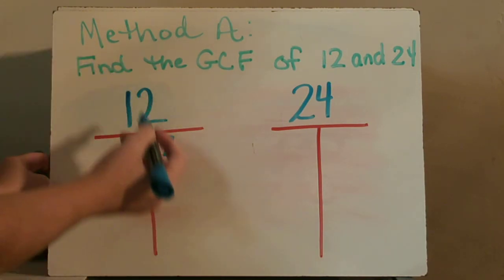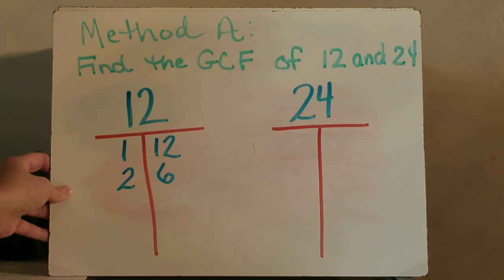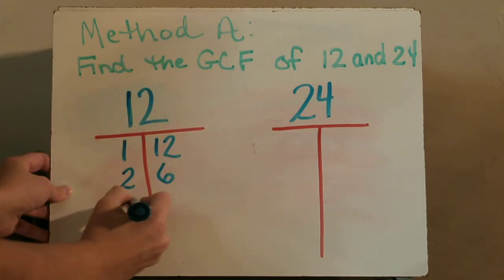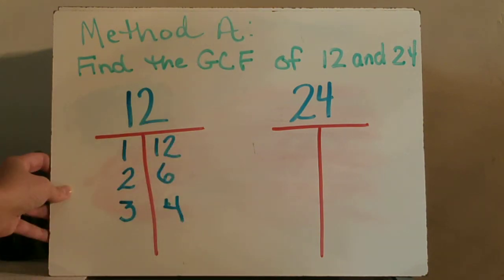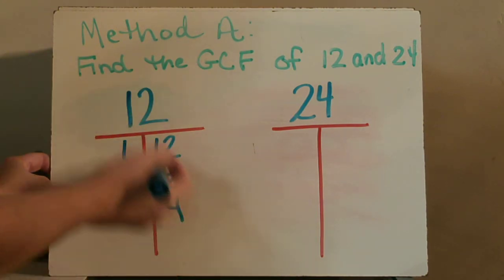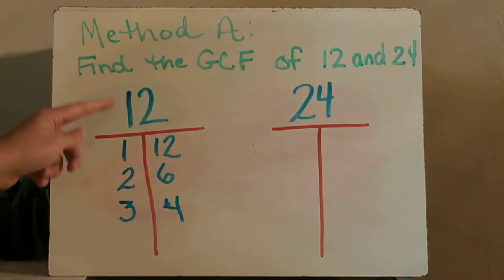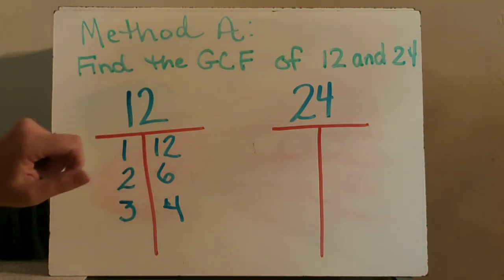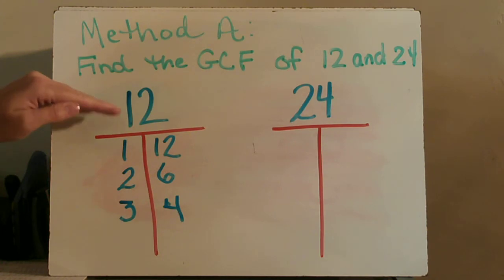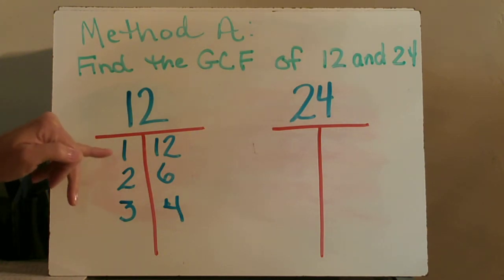So 2 and 6 are also factors of 12. Well, then I also know that 3 times 4 is 12. So 3 and 4 are factors of 12. So the factors of 12 are 1, 2, 3, 4, 6, and 12. So the number 12 has 6 factors.